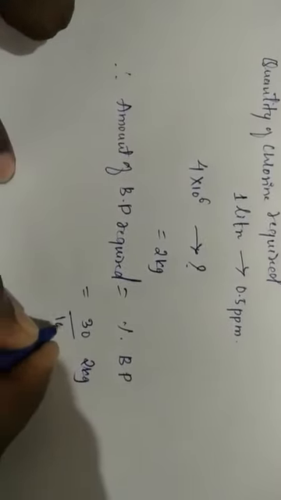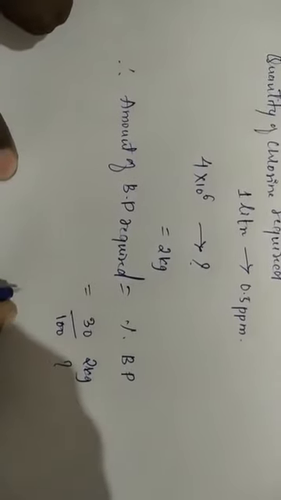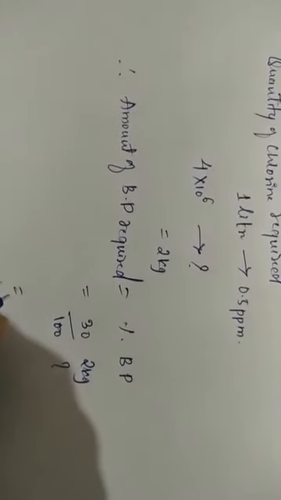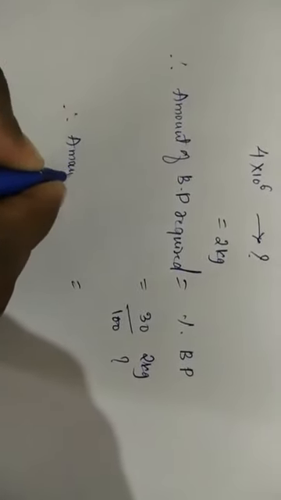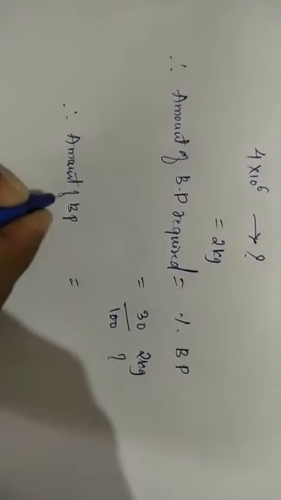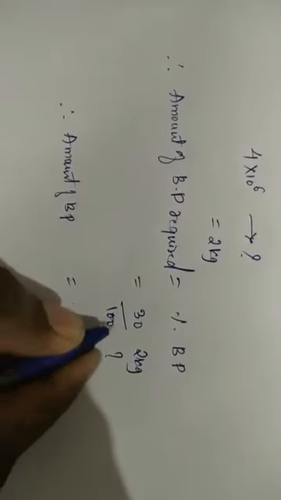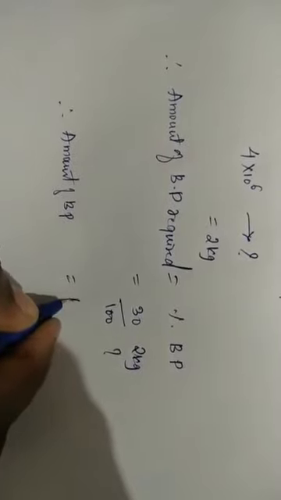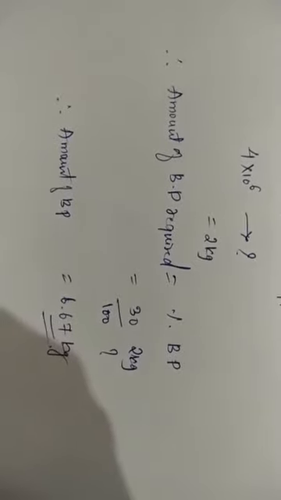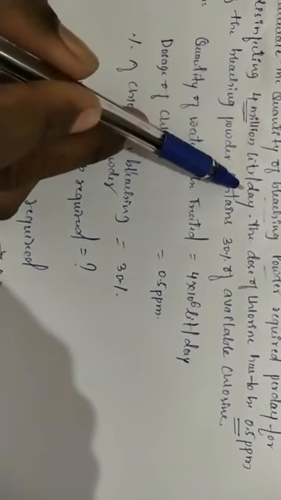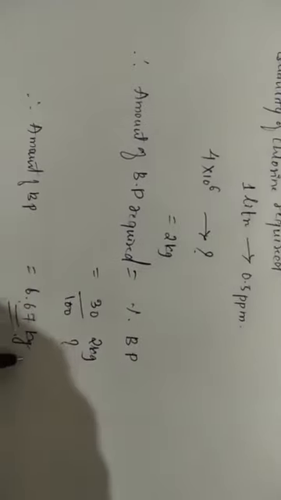So this divided by 100, and by simplifying you will get the amount of bleaching powder as 6.67 kg. So this is the amount of bleaching powder required for 4 million liters per day of water: 6.67 kg.